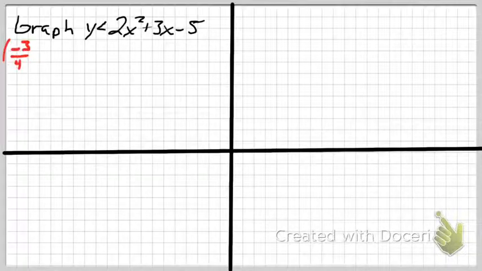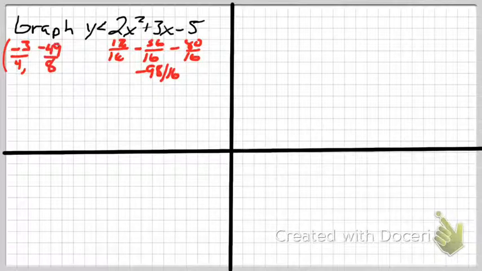My vertex is -3/4, comma, -49/8, which, this would be a good time to find a decimal, is -6 point very small. So you can put your vertex right there.